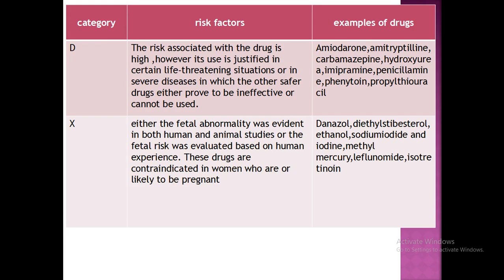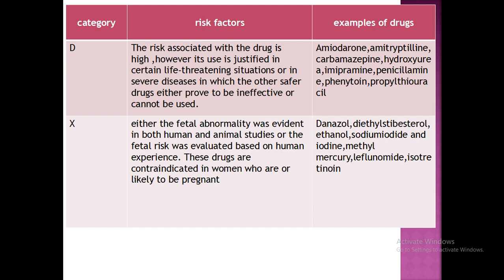Then category D: the risk associated with the drug is high. However, its use is justified in certain life-threatening situations or in severe diseases in which the other safer drugs either prove to be ineffective or cannot be used.